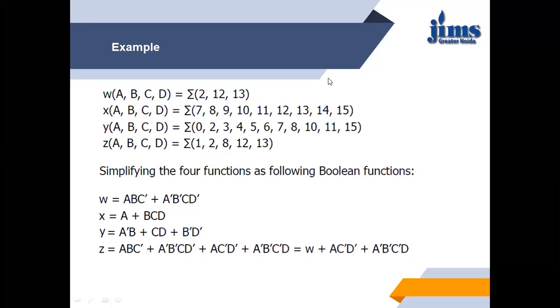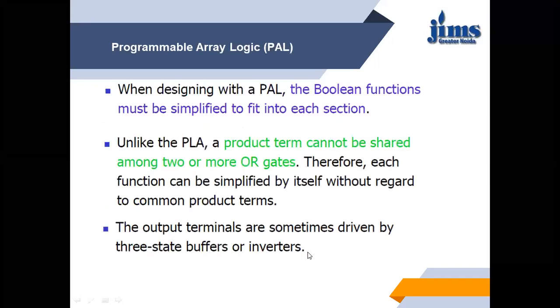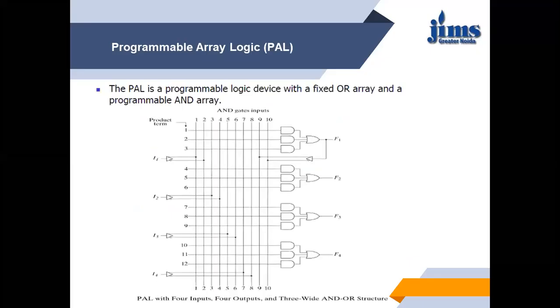So you can see that we have further minimized this, because W equals A B C bar plus A bar B bar C D bar. In the structure that we have here, we have the two other inputs, that is F1 and F1 bar.